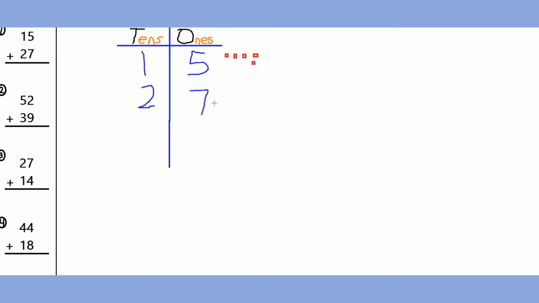Then it says we need 7 ones. So let's do some more blocks. 1, 2, 3, 4, 5, 6, 7. Okay? Now over here it says that we need 1 ten.